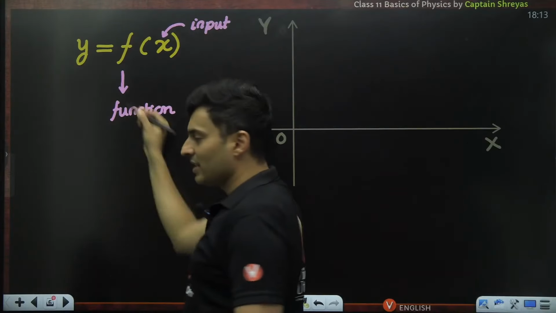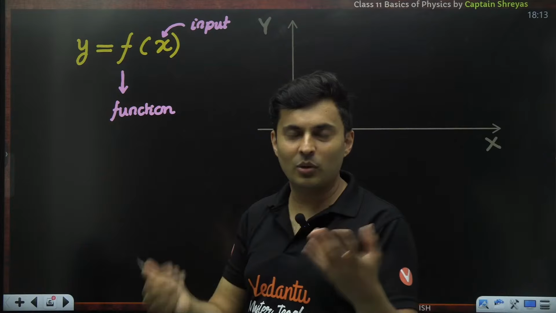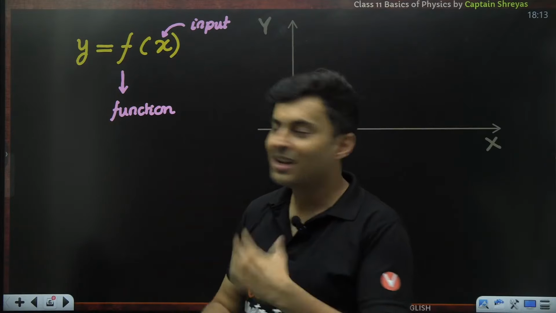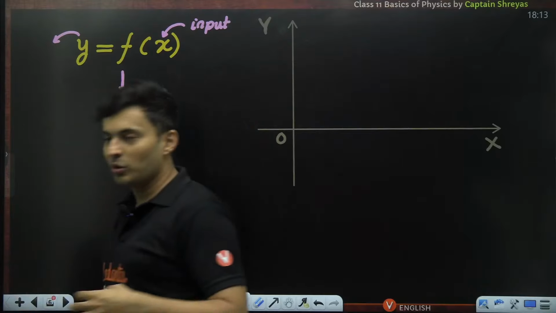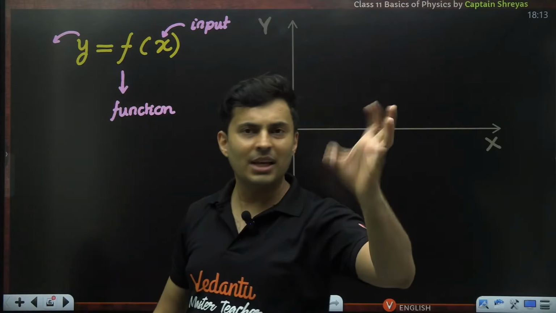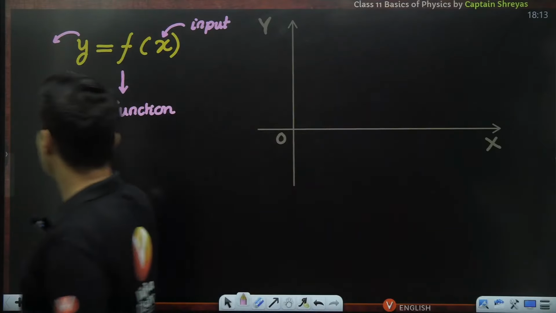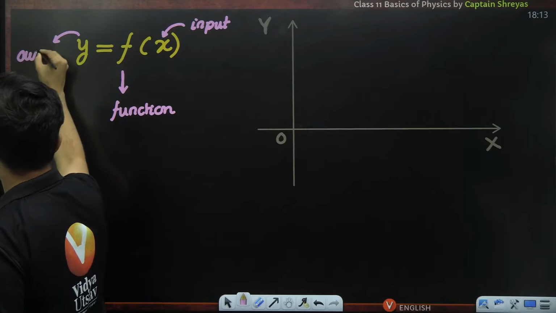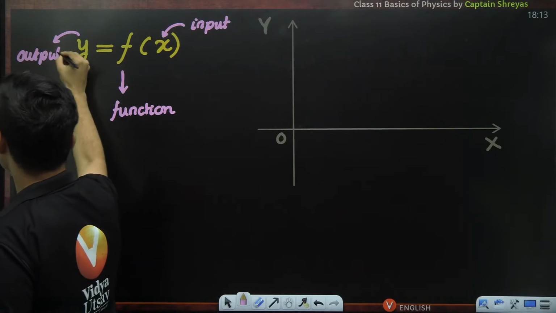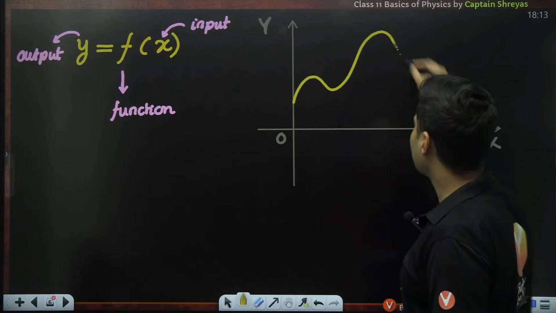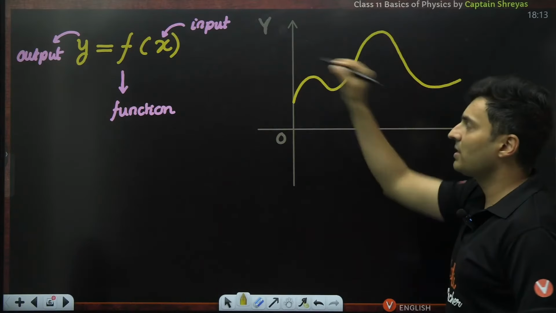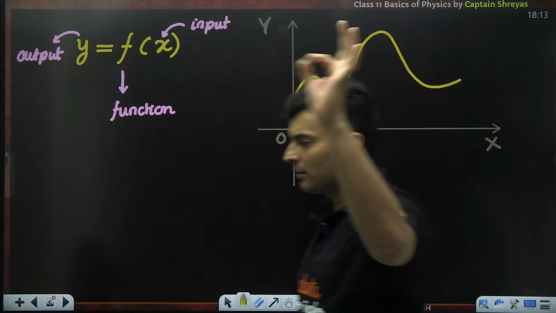This is the processor, like your mixer, your food processor. And it gives me the output. It could be juice, soup, or powder, whatever it is. So this is your output. And any such relationship can be shown graphically, maybe like this. This is the curve which represents that particular function.